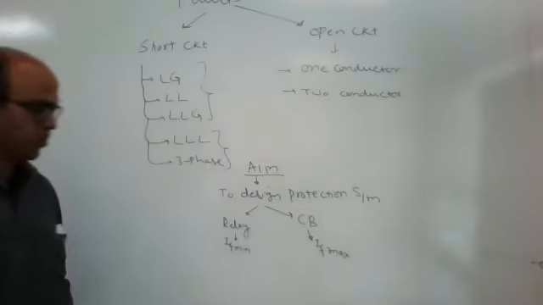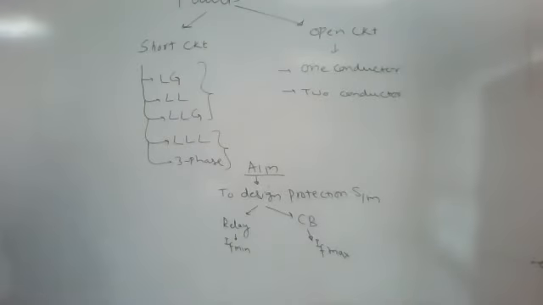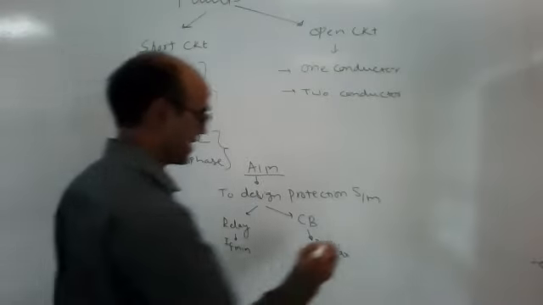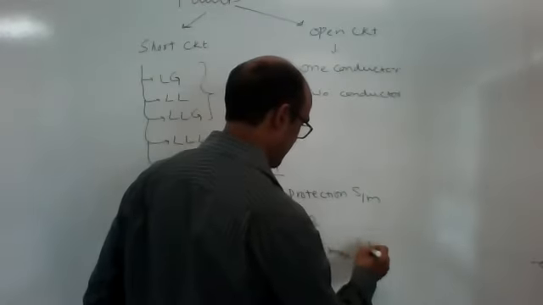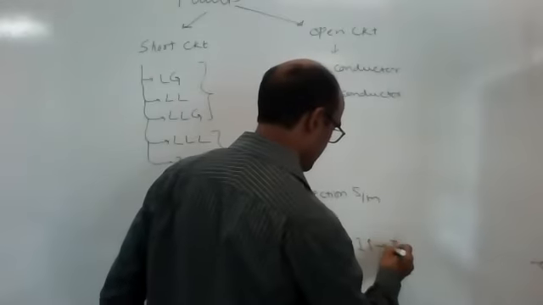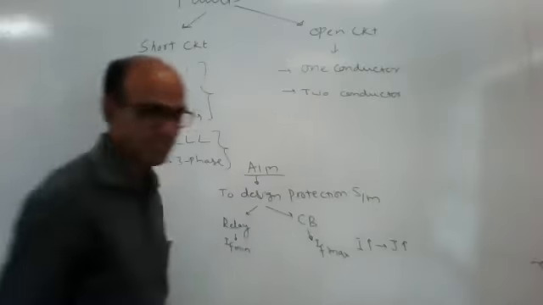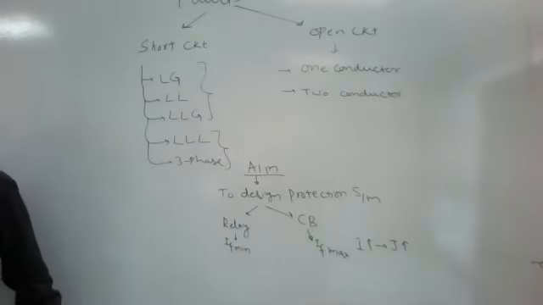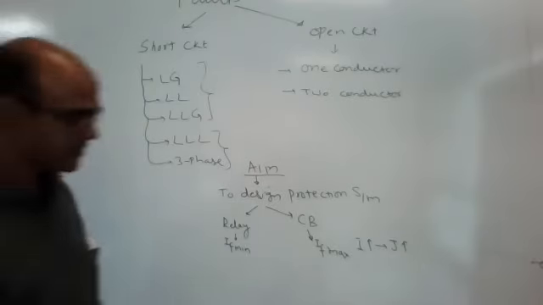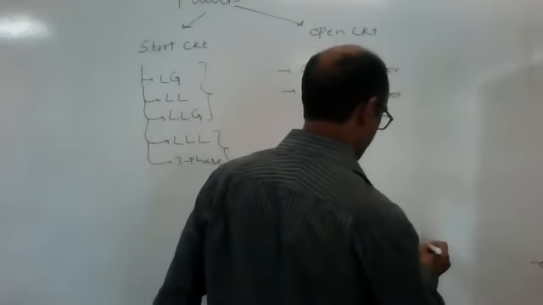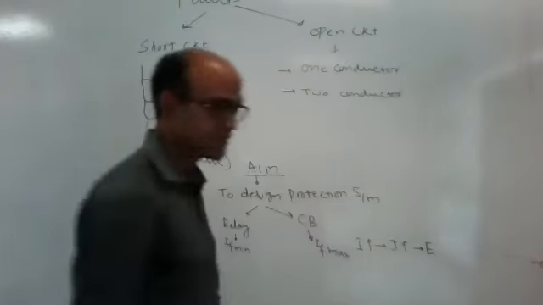Maximum fault current. Why is it maximum? If current increases, the current density will increase, and if current density increases, then the electric field will increase.